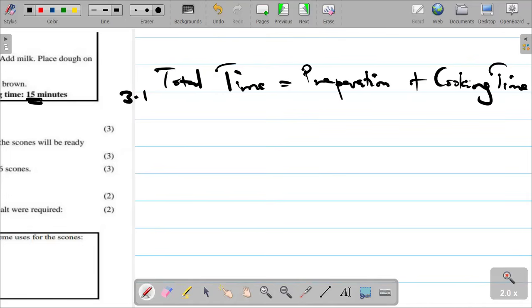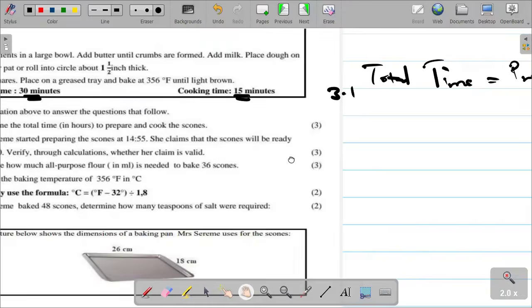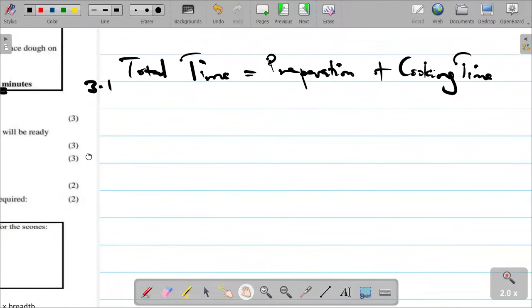It is given that preparation is 30 minutes and cooking time is 15 minutes, which we have seen there.